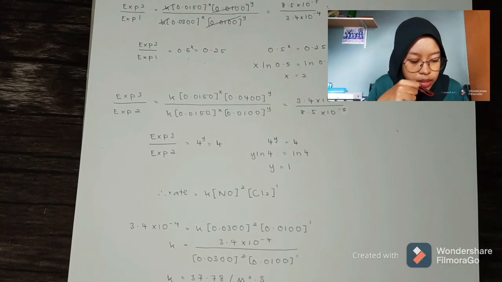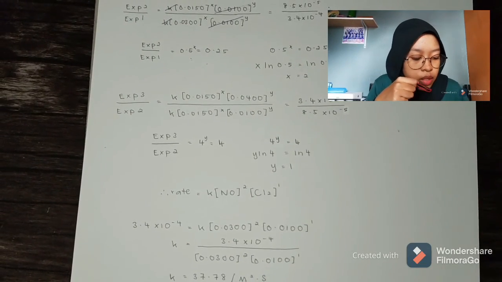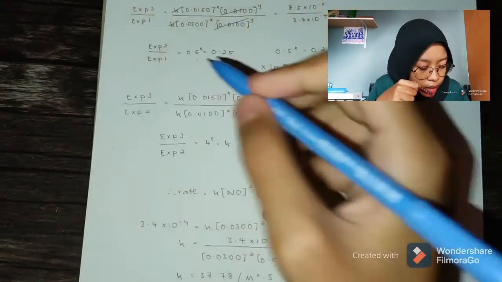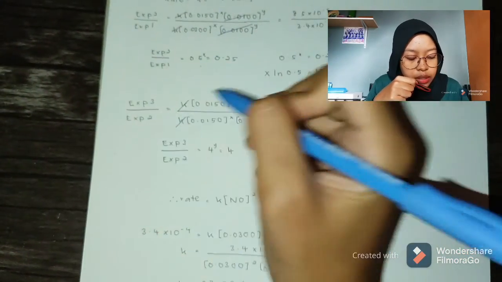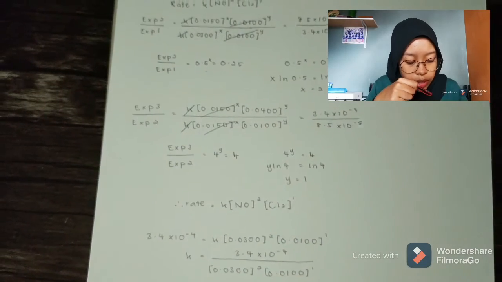The same as what we did with x, we have to eliminate what's the same. First we eliminate k, and then we eliminate x because it's the same value.